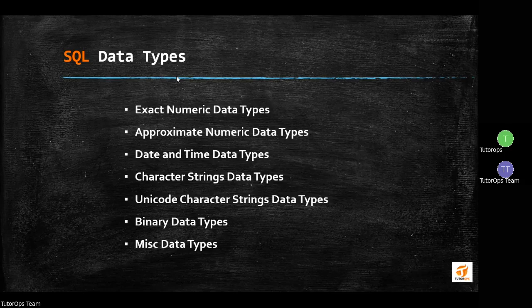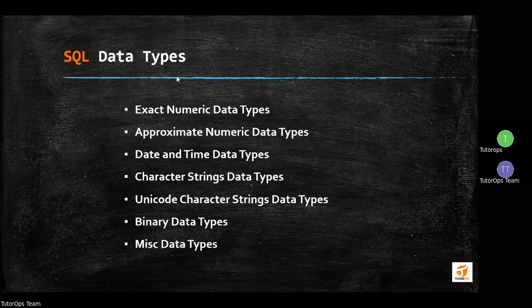Here also in SQL, data types are there, which we use in the table creation process. SQL data type is an attribute that specifies the type of data of any object.